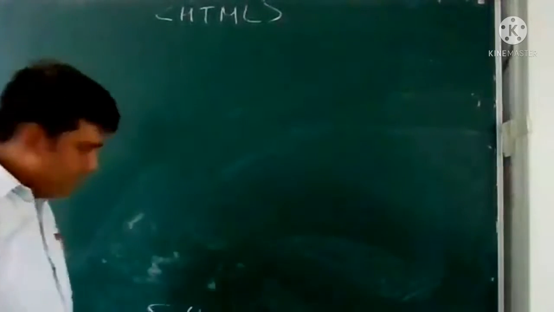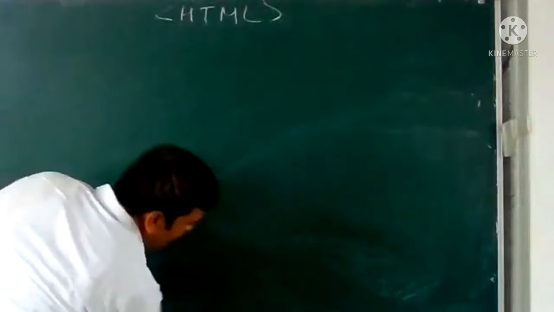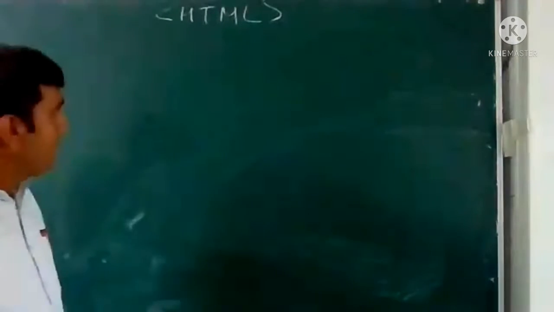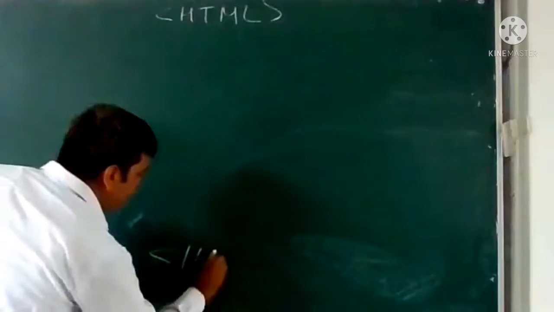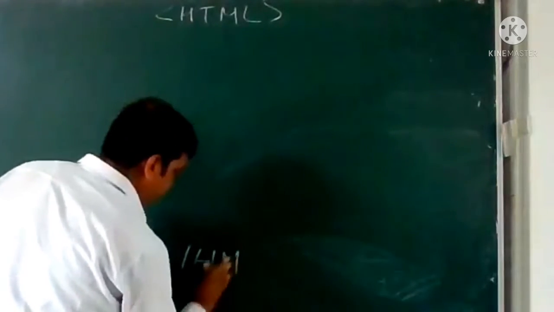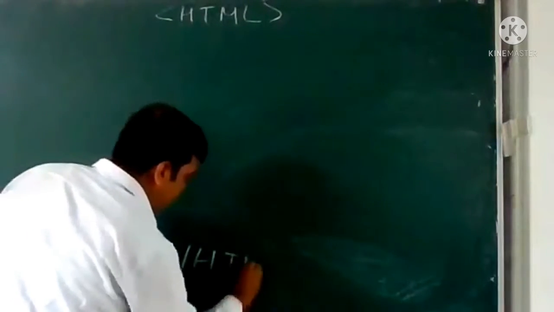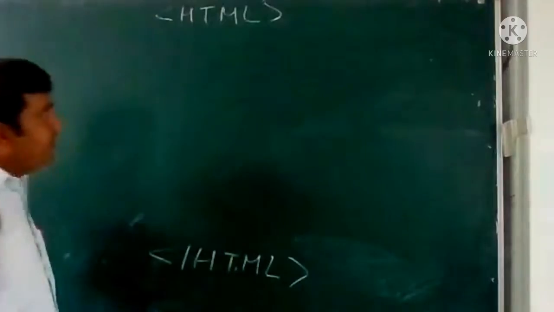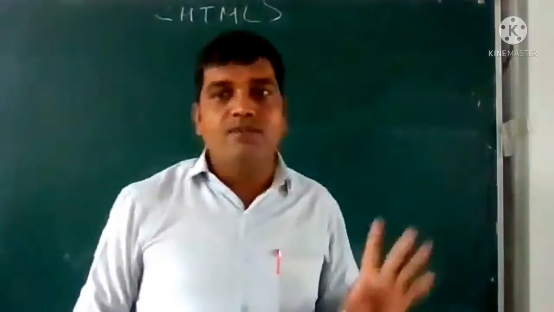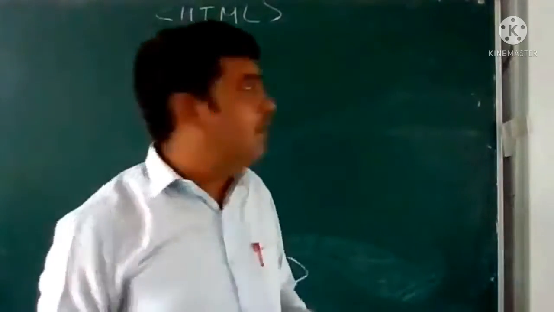Is the bottom portion of the code visible or not? Yes, visible. In HTML, there are 2 types of element: container element and empty element.